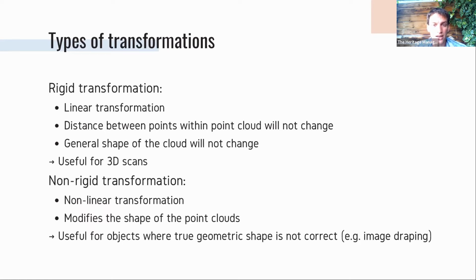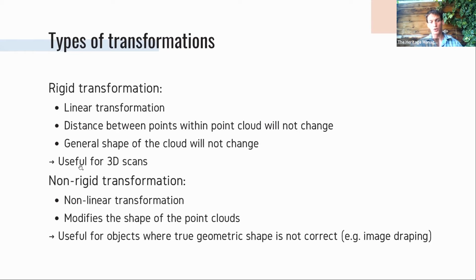So definitely when you're working with a laser scanner, where a priori the geometry is measured correctly, so the distances and all the Cartesian coordinates that you derive from these measurements are a priori correct, it is absolutely not recommended to use a non-rigid transformation, because you will entirely stretch your point cloud, which will modify the actual shape of the object that you're measuring.